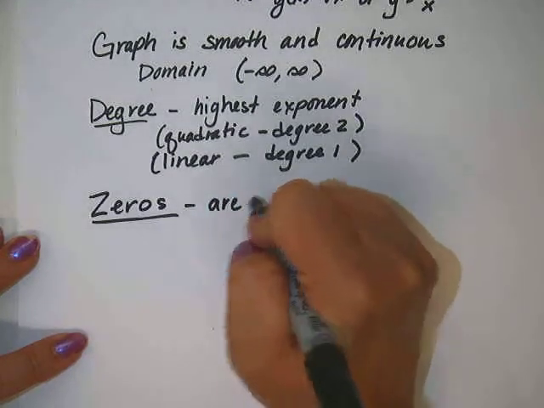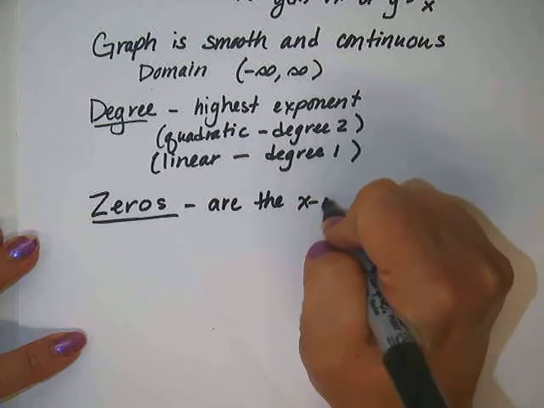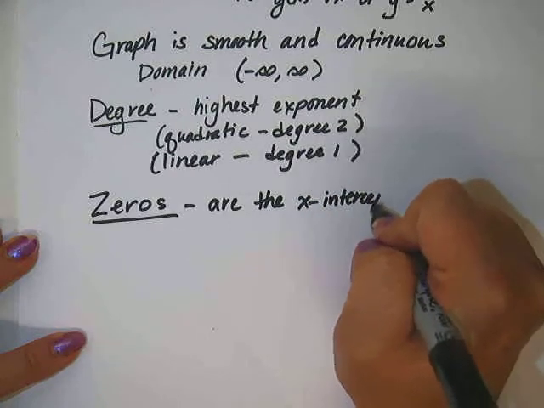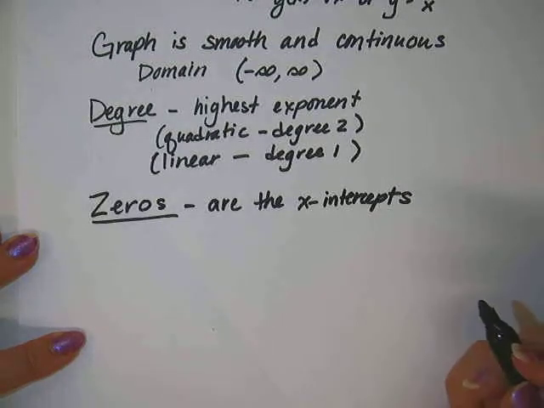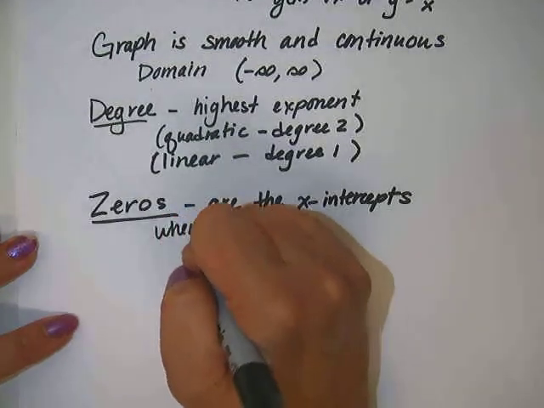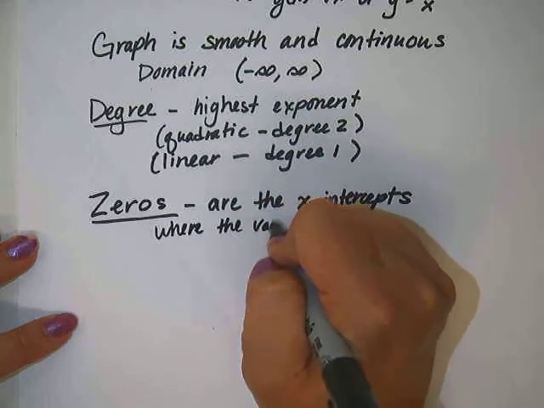Okay? Next word I want to talk about is the word zero, or zeros of a polynomial function. Actually, the zeros of any function are the x-intercepts. The reason they are called zeros is because that is where the y value of the function is 0.